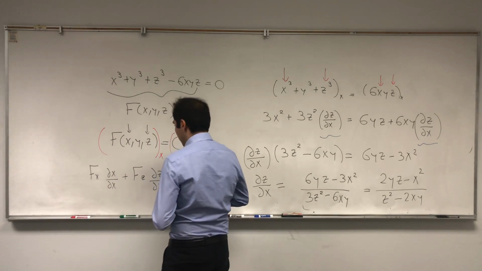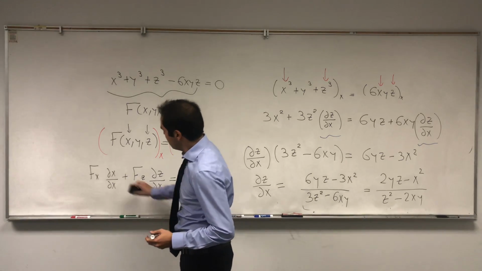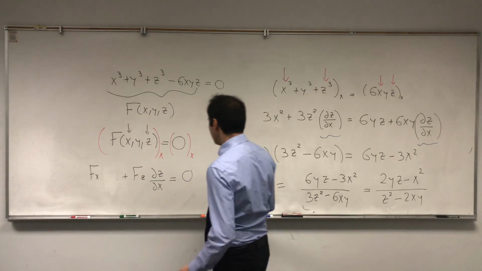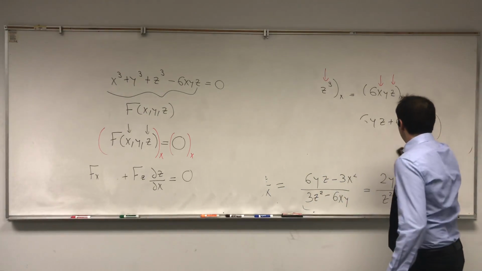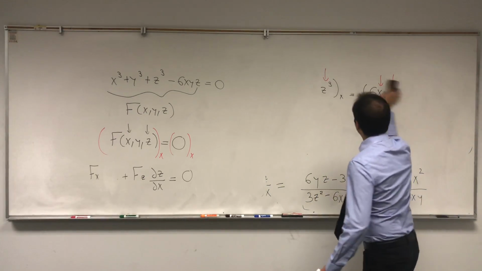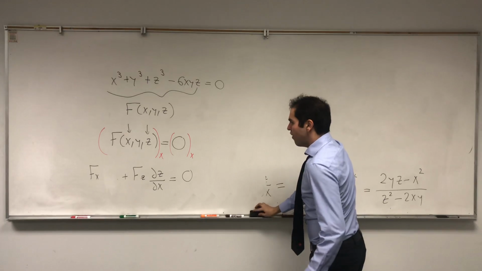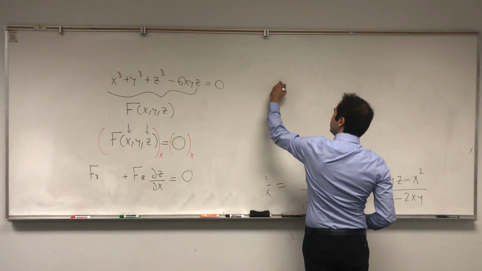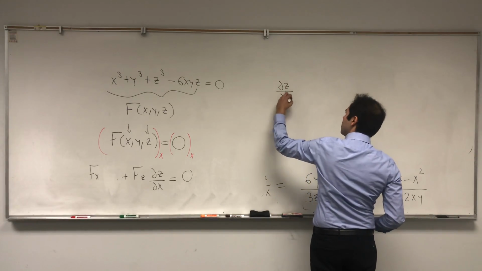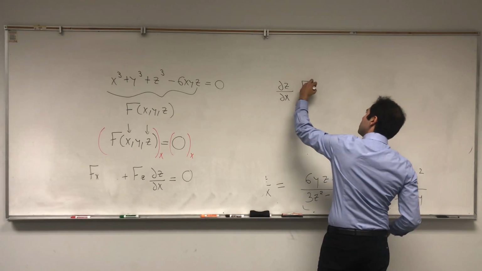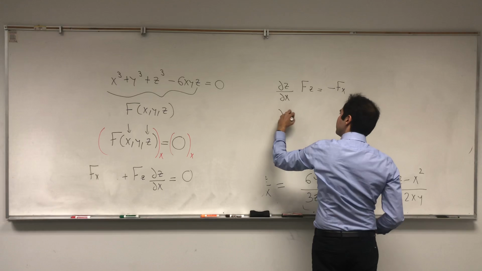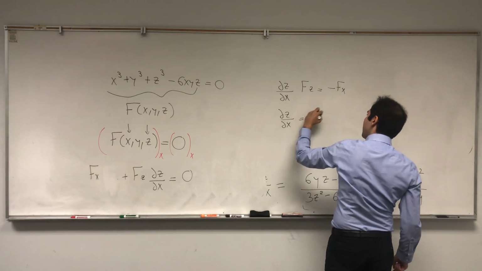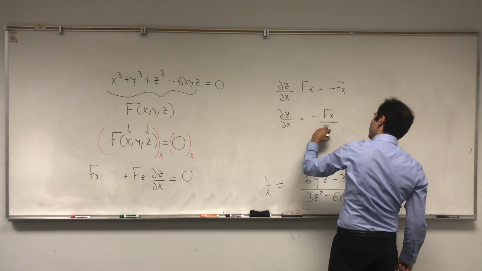The derivative of 0 is just 0. And notice dx over dx just simplifies to 1. So ultimately what we get is the following thing. You can solve for dz over dx times F_z equals minus F_x, and then dz over dx equals minus F_x over F_z.